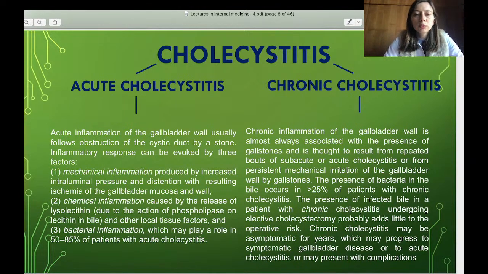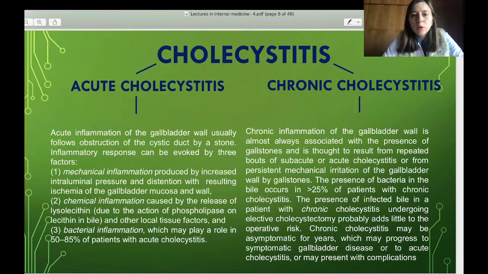And what about chronic cholecystitis? Chronic inflammation of the gallbladder wall is almost always associated with the presence of gallstones, and it is thought to result from repeated bouts of subacute or acute cholecystitis, or from persistent mechanical irritation of the gallbladder wall by gallstones.